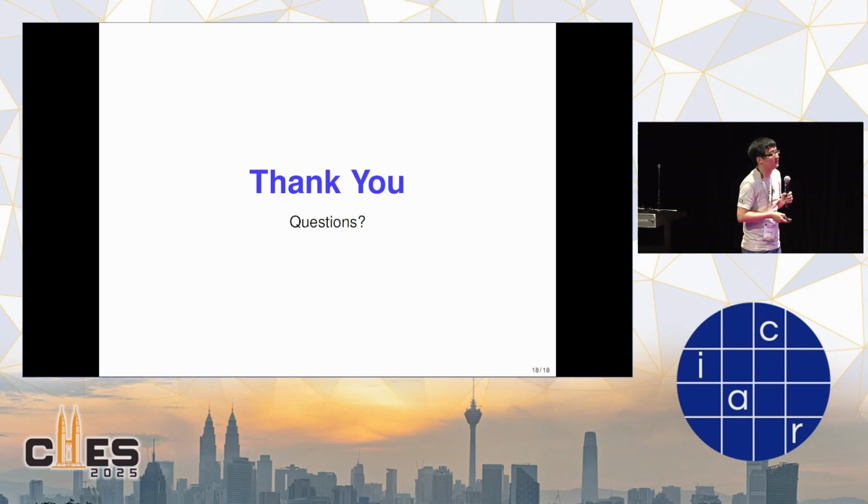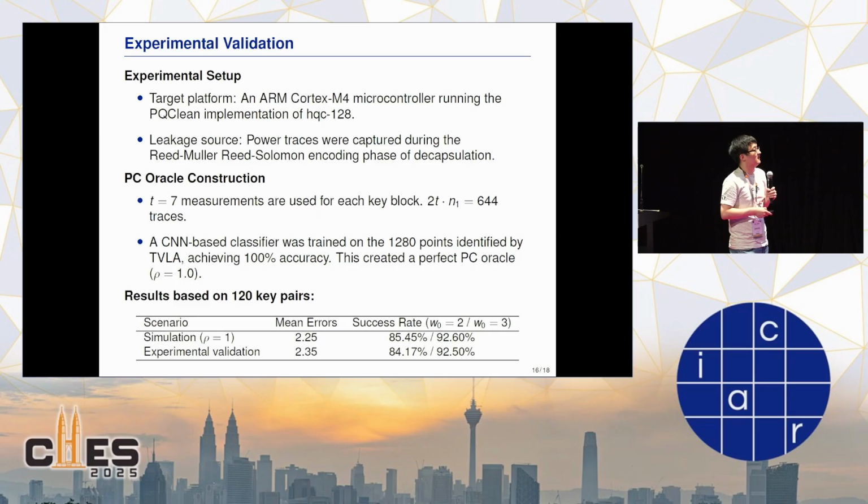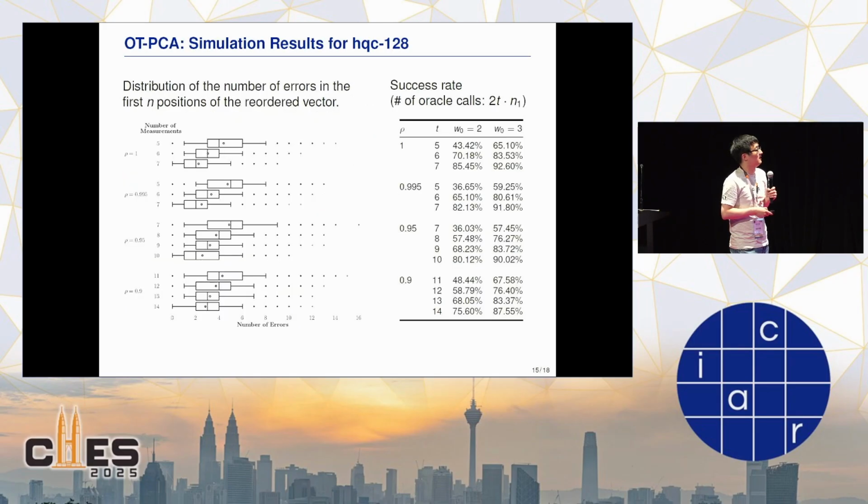Have you tried further decreasing the oracle accuracy? I think you stopped at 90%. What happens if you go even lower? We didn't actually try.